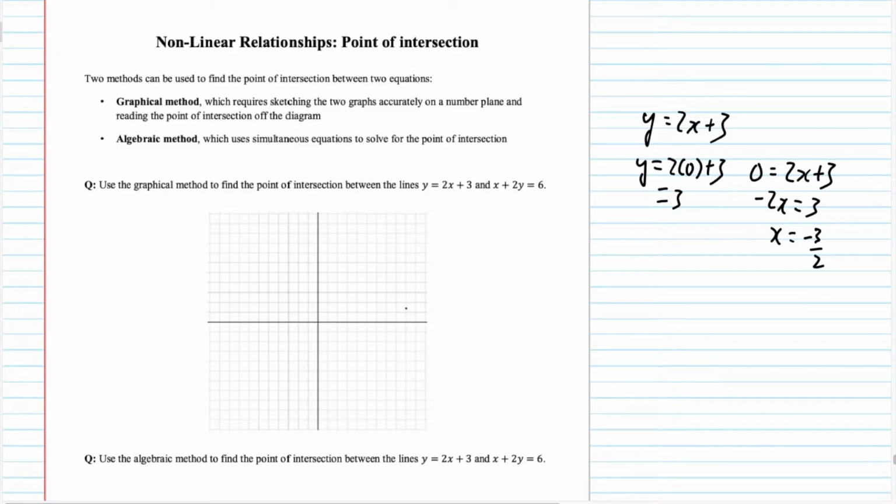Okay, so let's sketch the first graph. The x-intercept is minus 1.5, so that's somewhere here, minus 3 over 2. And the y-intercept is 3, so 1, 2, 3. Okay, now let's draw the graph.